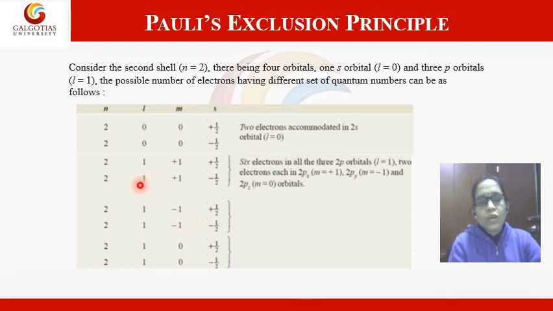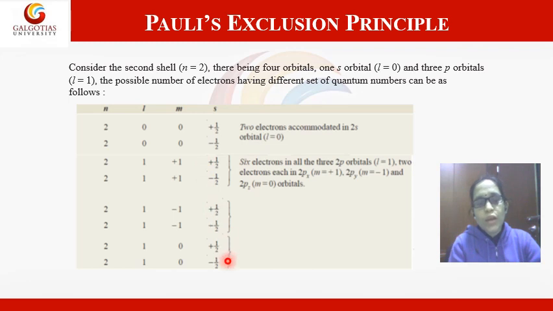So here the 3 quantum numbers n, l, m are similar, whereas the fourth quantum number is different for the 2 electrons present in the px orbital.